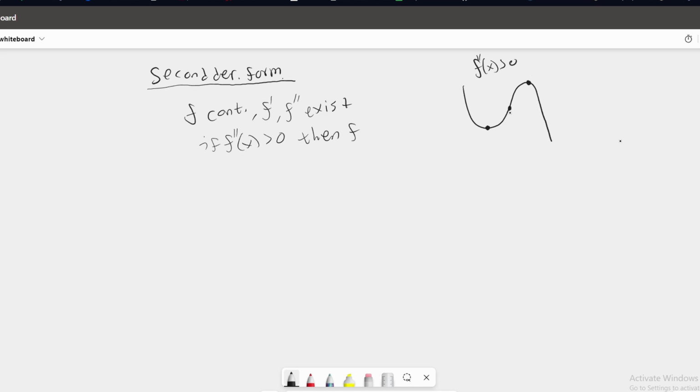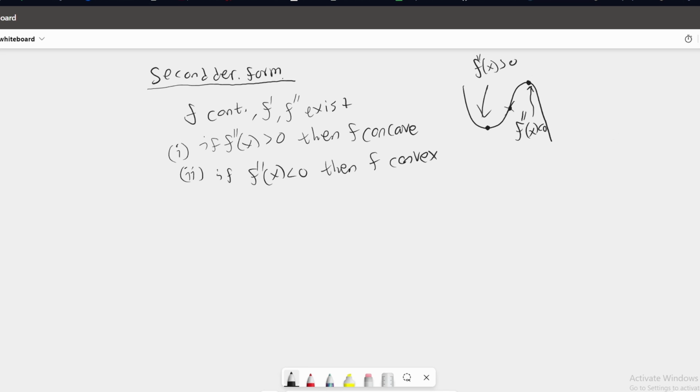Here we see that we have the inflection point. At a positive angle, it's becoming more and more negative. So I'm guessing at this point it's positive and at this point it's negative. If f double prime is positive, we know that this is concave, and the second case is if f double prime is negative, then f is convex.